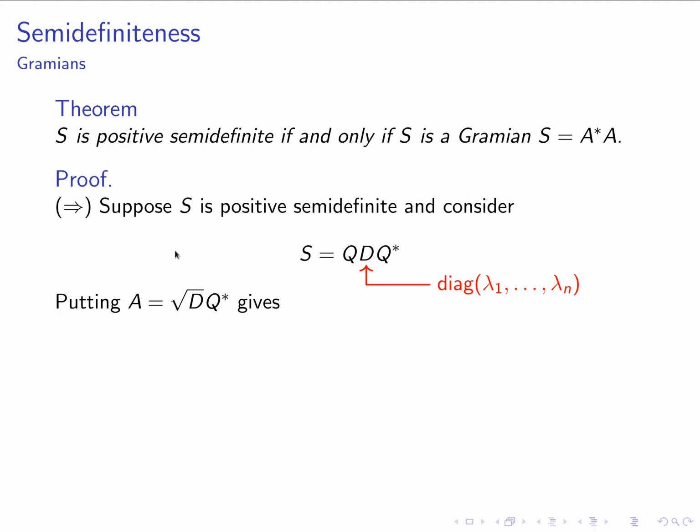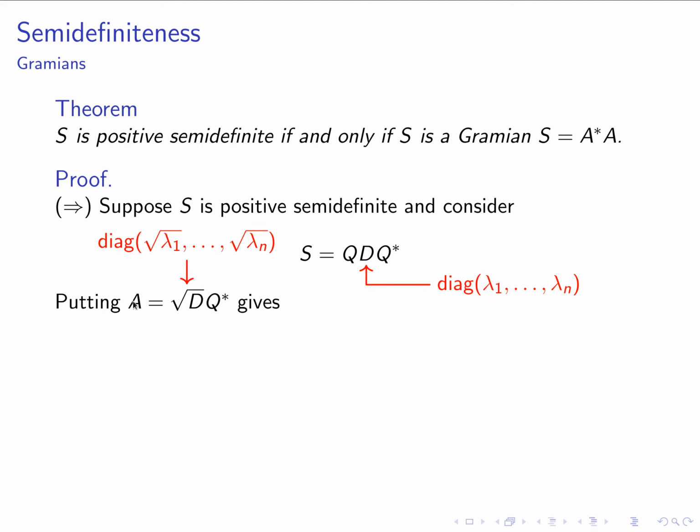So what we can do is take what's called a square root of this diagonal matrix. To take a square root of a diagonal matrix, all we do is take square roots of all of the diagonal entries. So by definition, the square root of D is the diagonal matrix whose diagonal entries are all of the square roots of the original diagonal of that matrix.